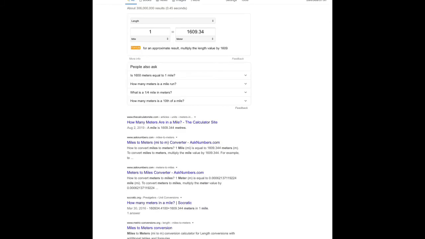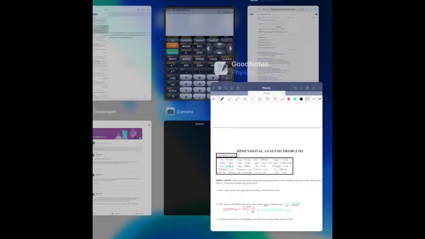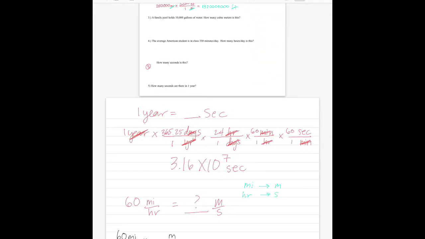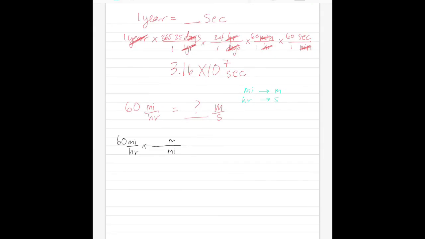Okay, so this is good for you to know how to do this because you may need to know how to do this. Oh, that number looks familiar. So there's 1,609.34 meters per mile. So let's go back to this page. 1,609.34 meters is equal to 1 mile. All right, so we can add that to our equation here.